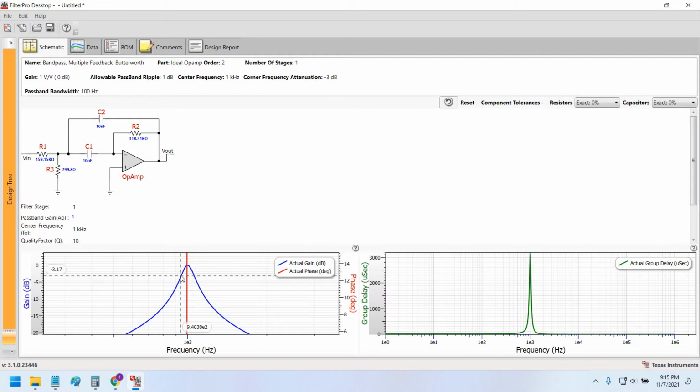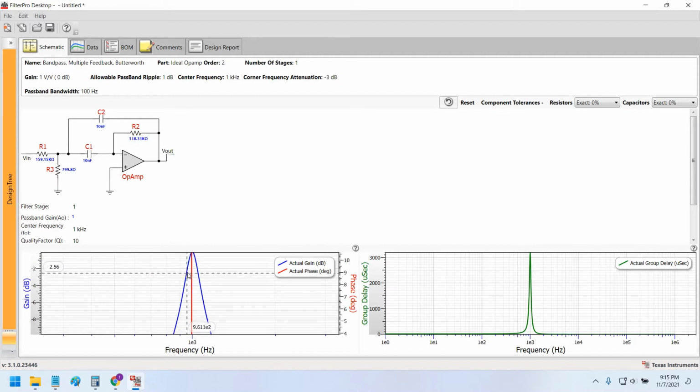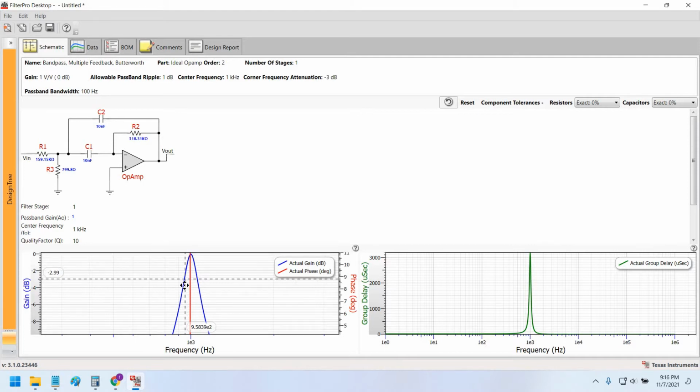Let's see here. As you can see, at minus 3 dB, the frequency is equal to 9.58 into 10 to the power 2, that is equal to 958 hertz, or very close to 950 hertz.